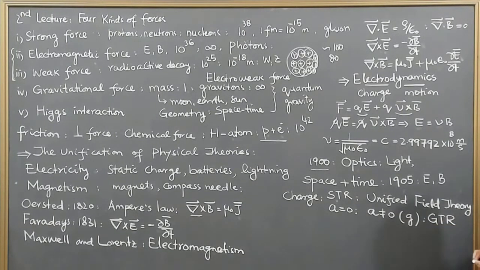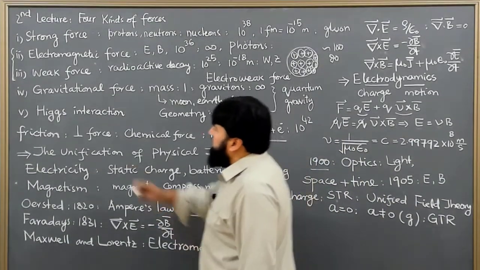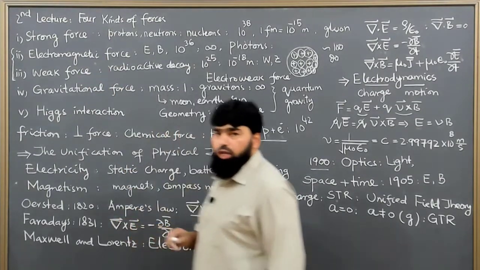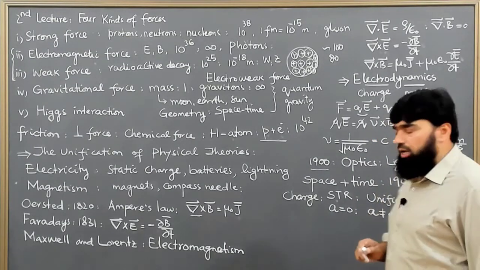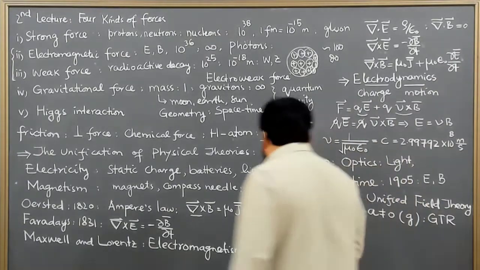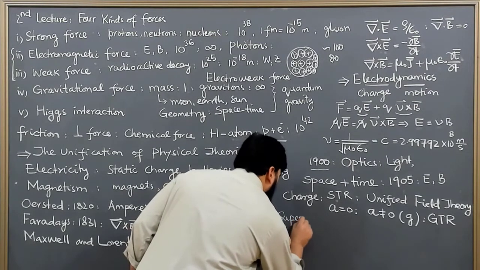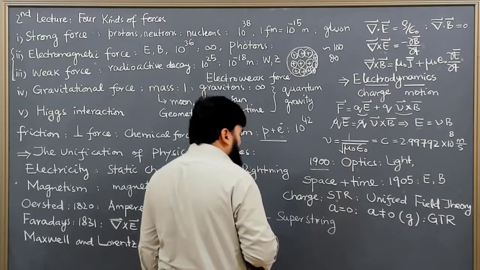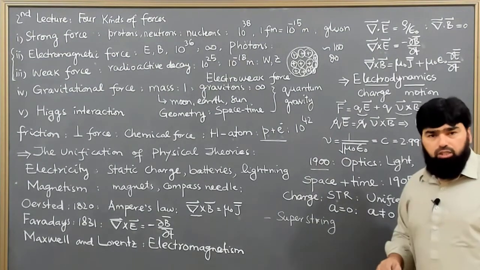Although Einstein was not successful in the unified field theory, later on in the 1960s there was success in combining the electromagnetic force and the weak force into the electroweak force by Glashow, Weinberg, and Salam. Later on came superstring theory, in short called string theory, which unifies all four and can be termed the theory of everything.